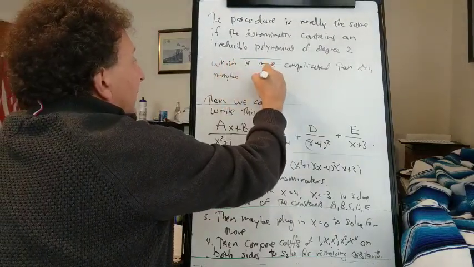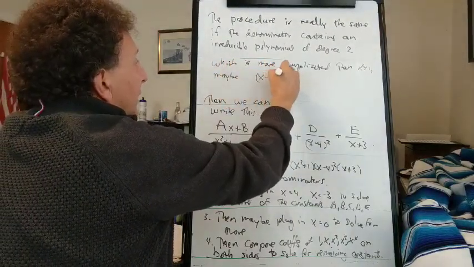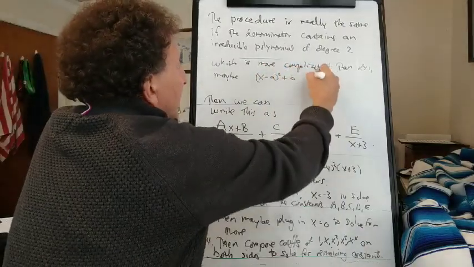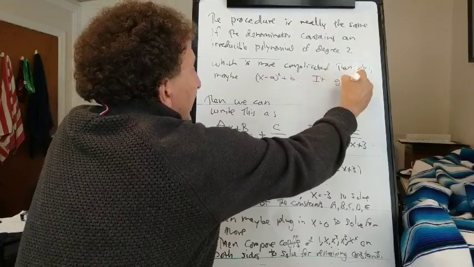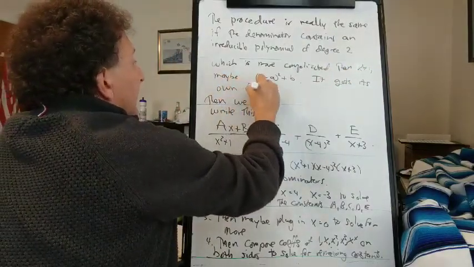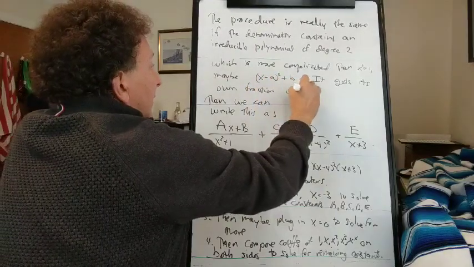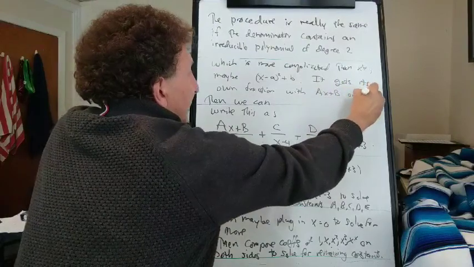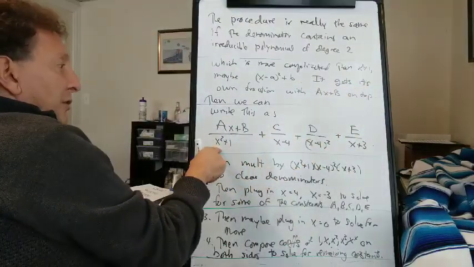Maybe it'll be something like x minus a squared plus b. So it gets its own fraction with ax plus b on top, just like x squared plus 1 did.